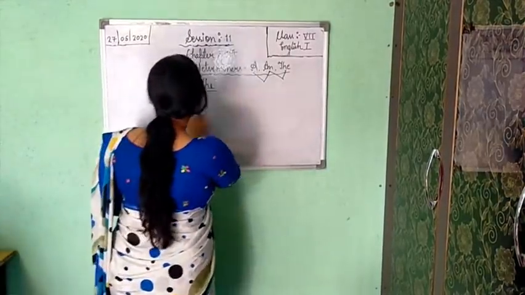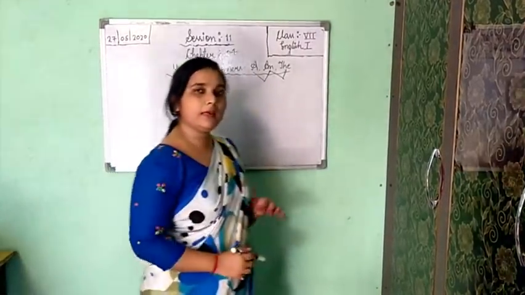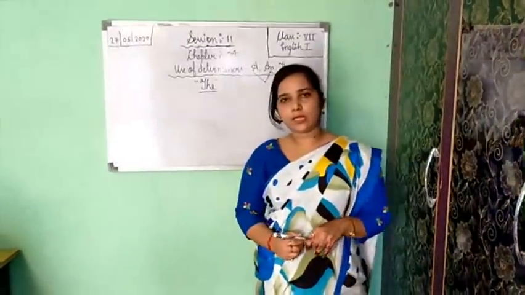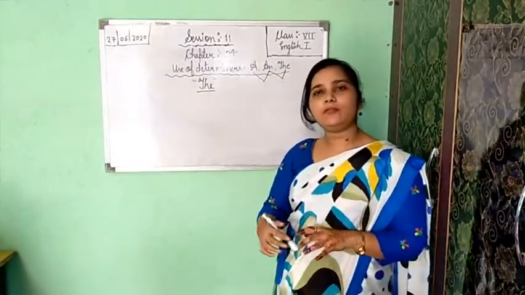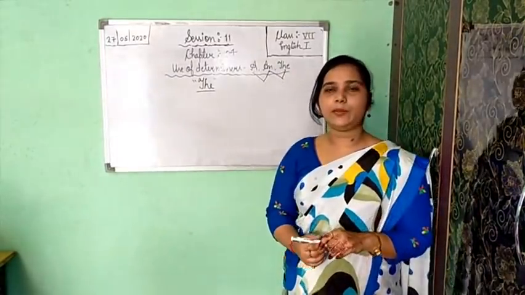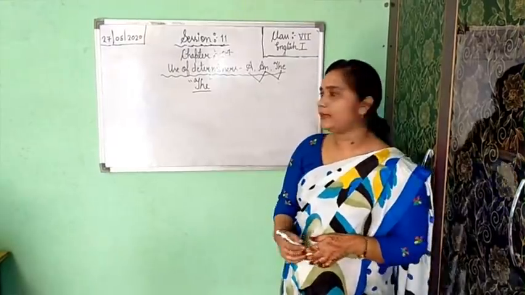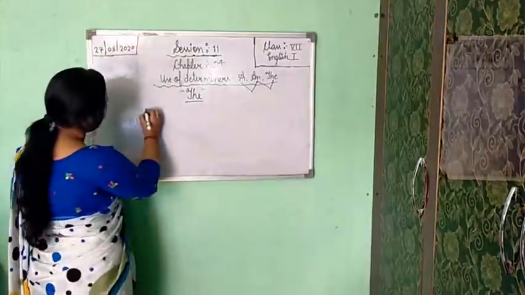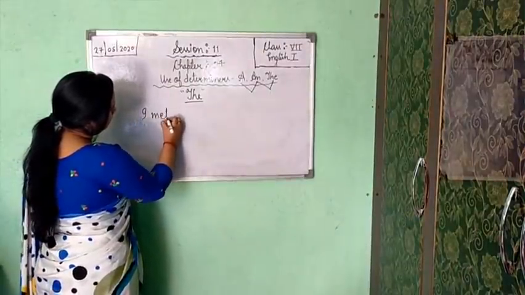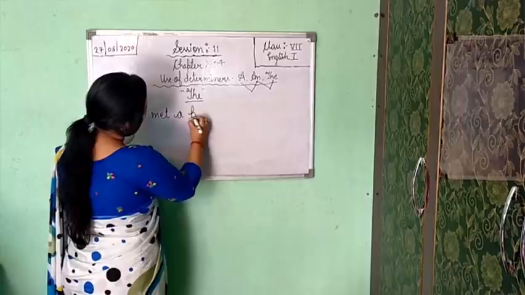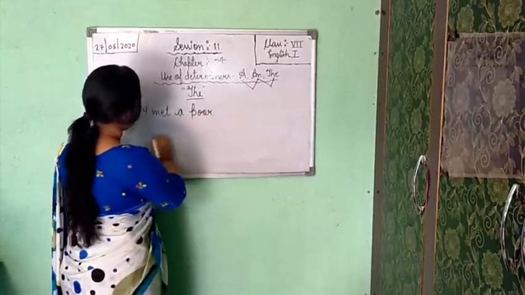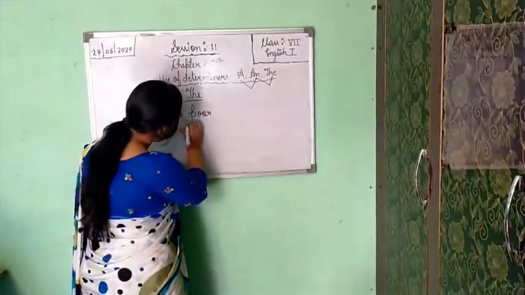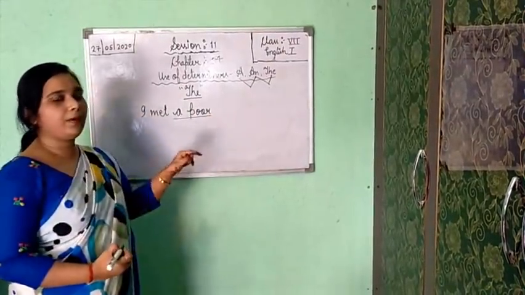we use the determiner "the" if in a sentence a person is already mentioned, and again we are talking about the same person. So in the first mention we will use the indefinite determiner, but in the second we will use the definite determiner, that is "the". See, for example, "I met a poor..." Here, I have met a poor.